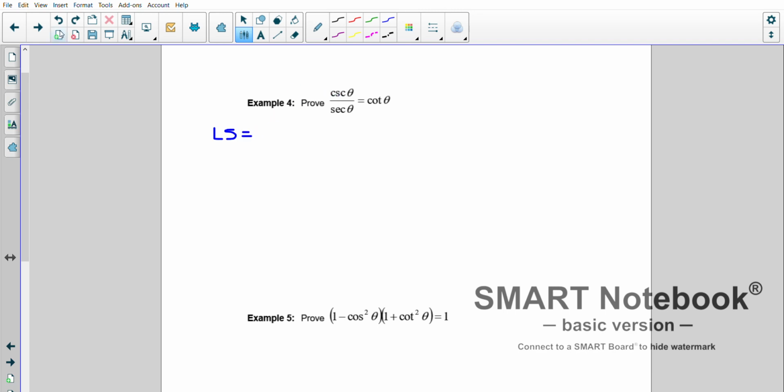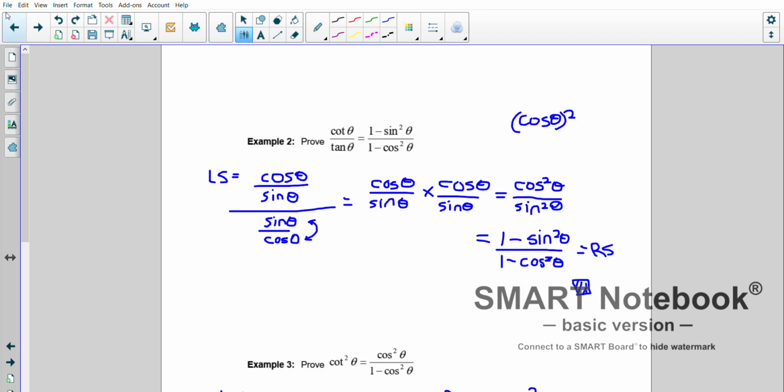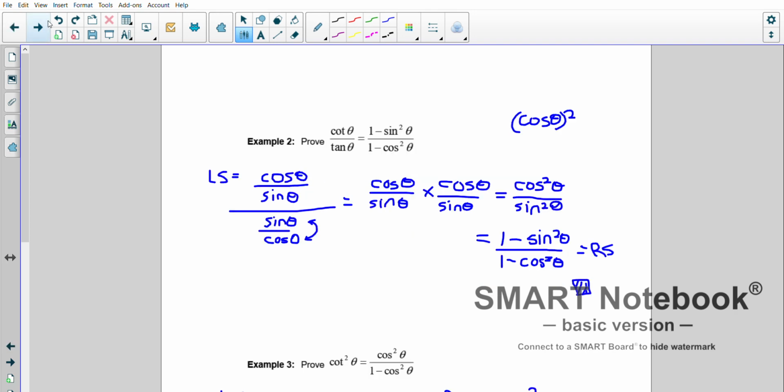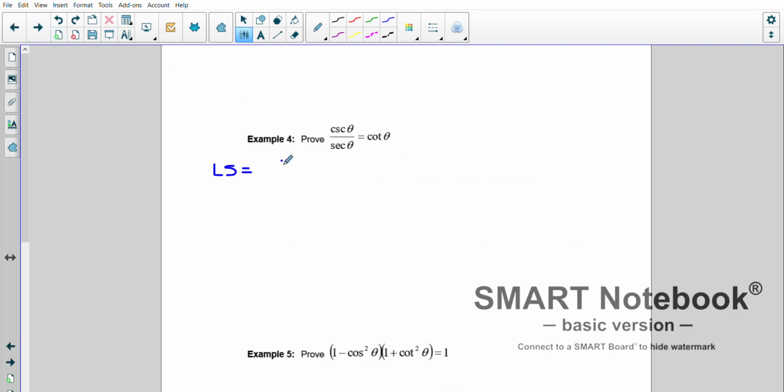So what is cosecant theta? Going back to our identities, that's the equivalent of 1 over sine theta. So this is going to be 1 over sine theta divided by secant theta, which I'm not going to scroll back, but you would see that it is the equivalent to 1 over cos theta.